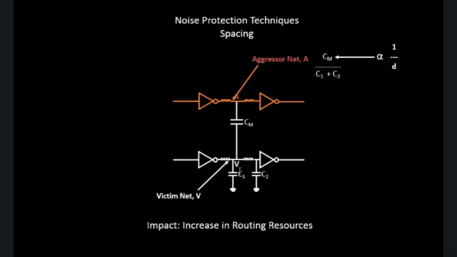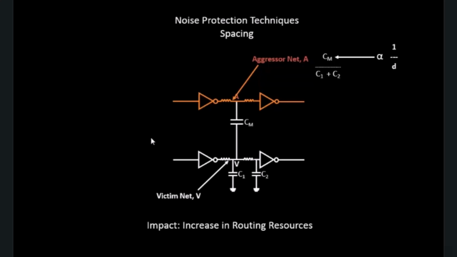But now, because of this forceful constraint that the spacing between aggressor and the victim should be some x distance, we are not allowed to place any routes in this area. So the same area which was able to accommodate 4 routes, now it is able to accommodate only 2 routes, which are the aggressor and the victim.